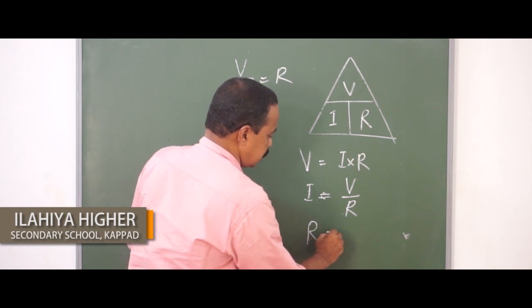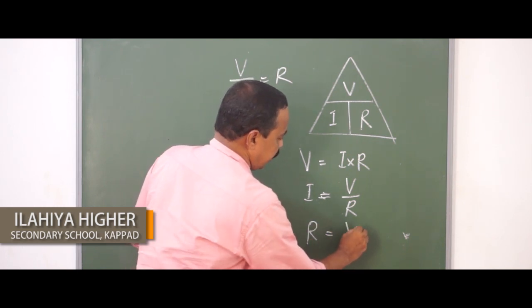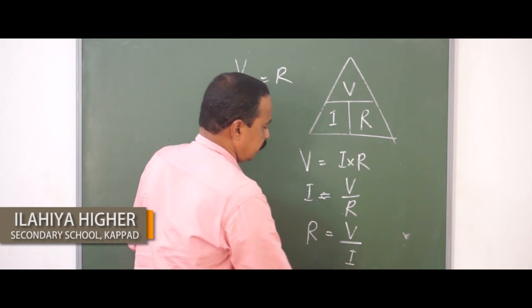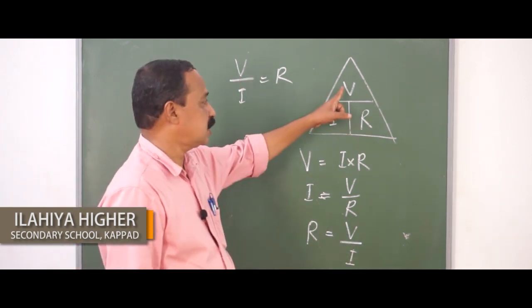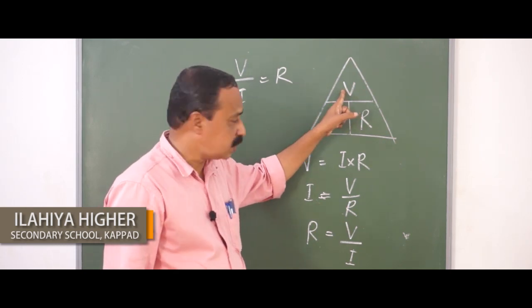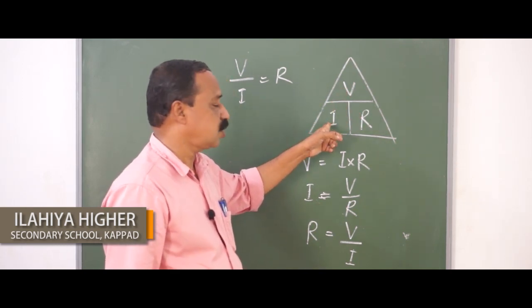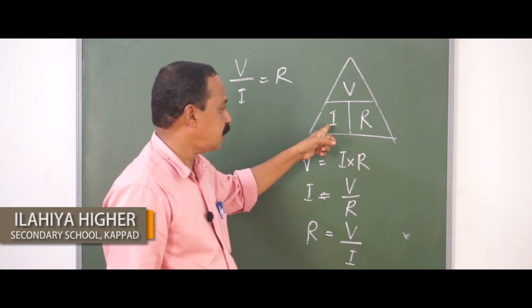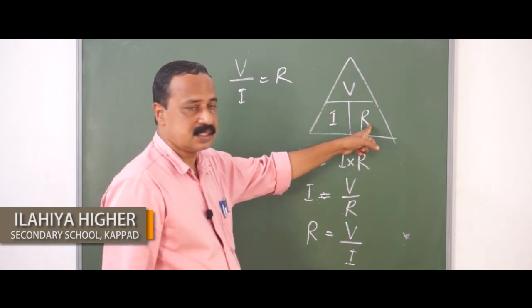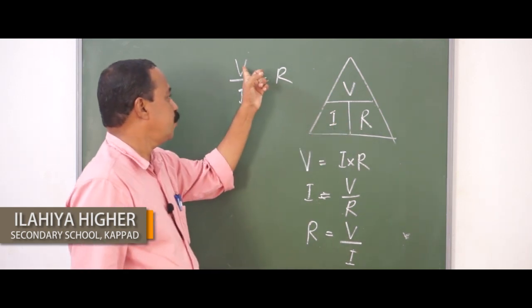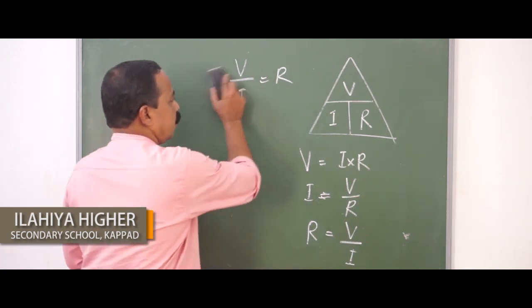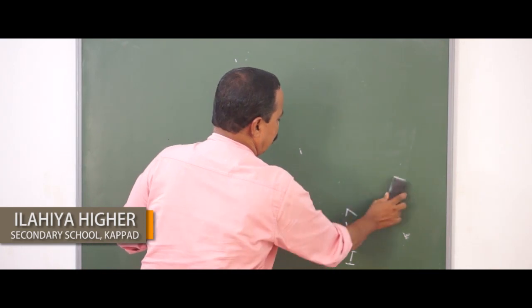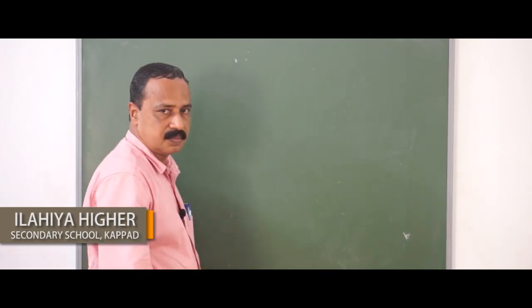R equals V by I. V is potential difference, unit volt. I is intensity of electric current, ampere. R is resistance. According to Ohm's law, V by I equals R.